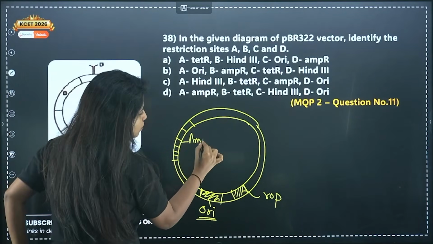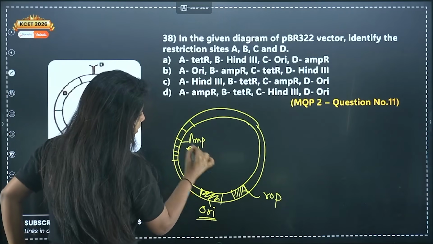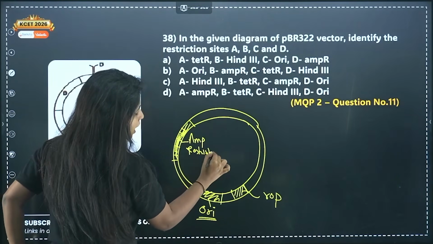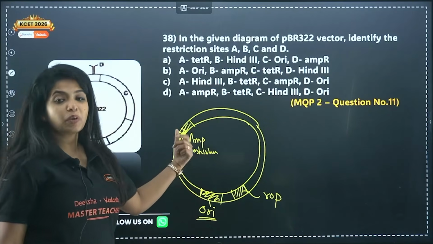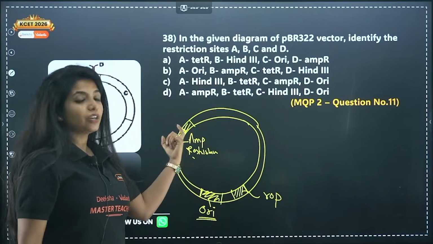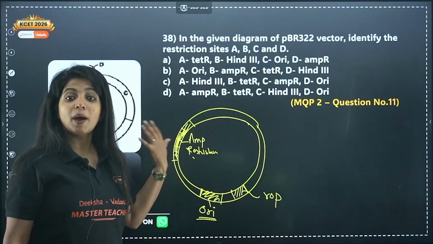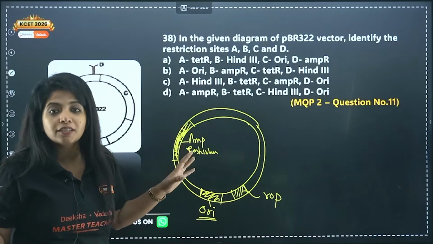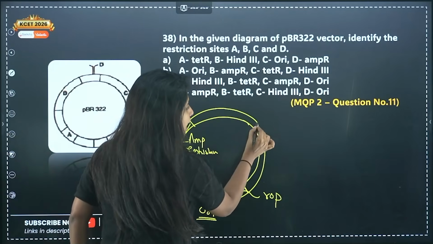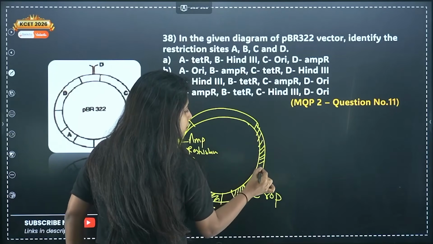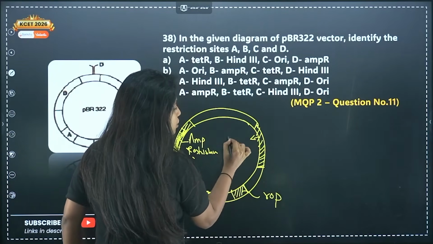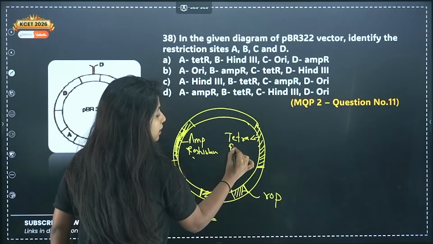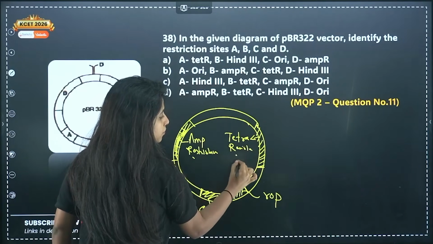So ampicillin is an antibiotic, and suppose I grow an E. coli that has pBR322 with this particular gene segment, it will be resistant to ampicillin. So even if I put ampicillin, it will easily be able to grow because it is resistant to ampicillin. On the other hand, you have another gene which codes for resistance to the next antibiotic, tetracycline. So I'll write it: tetracycline resistance gene.